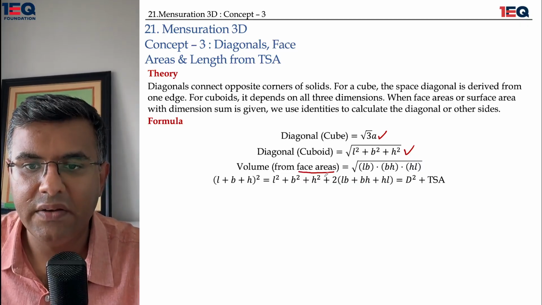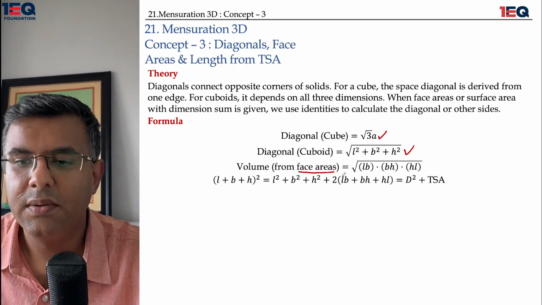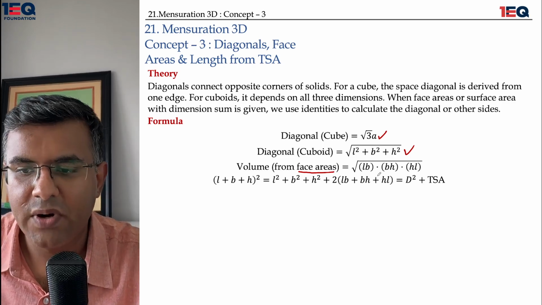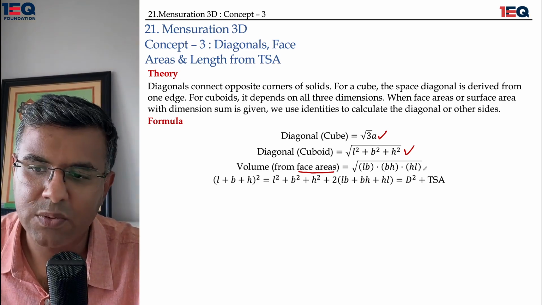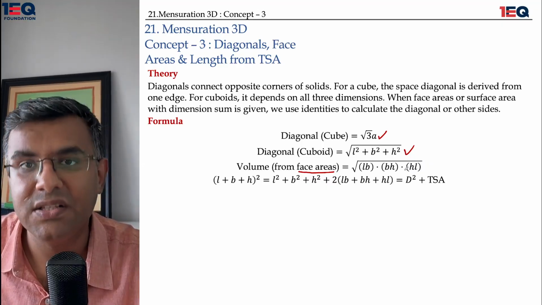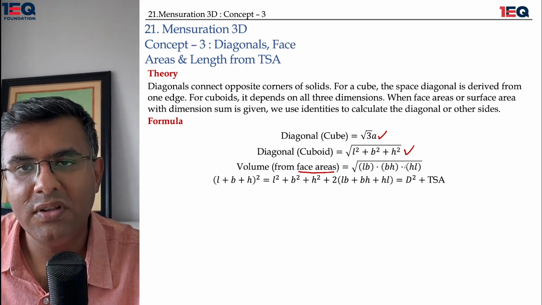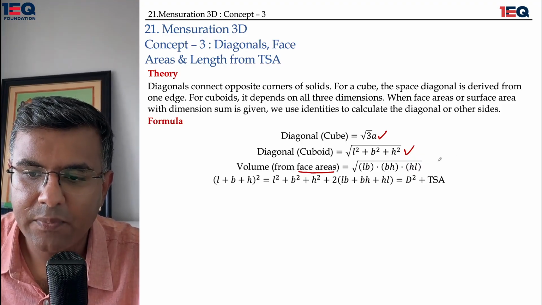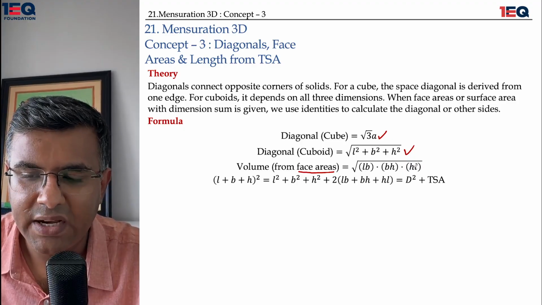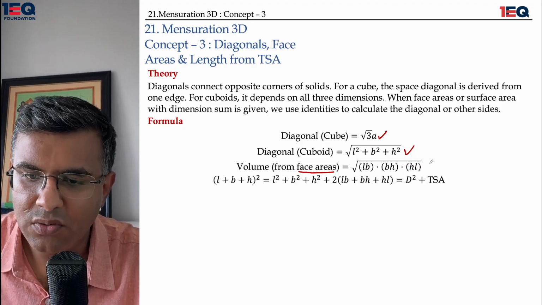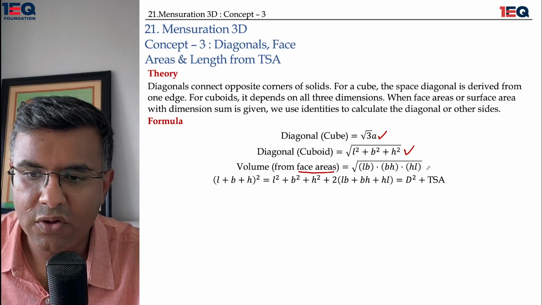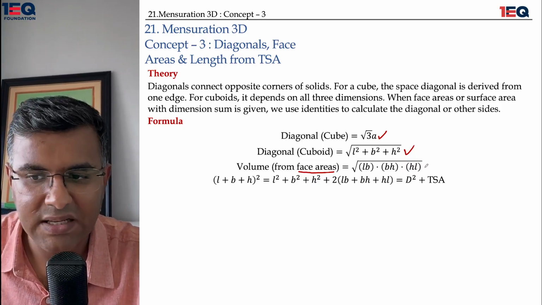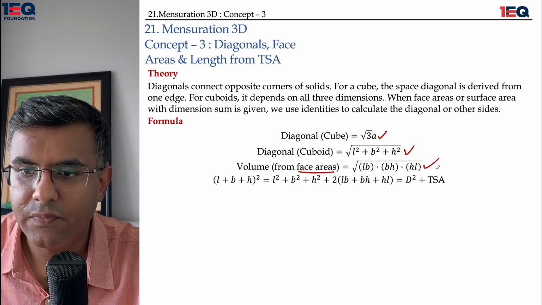There are three kinds of faces. So you put all the three kinds of faces together, put them in an under root sign, and you are good to go. So if you need to find out the volume of a cuboid using just the face areas, do this.